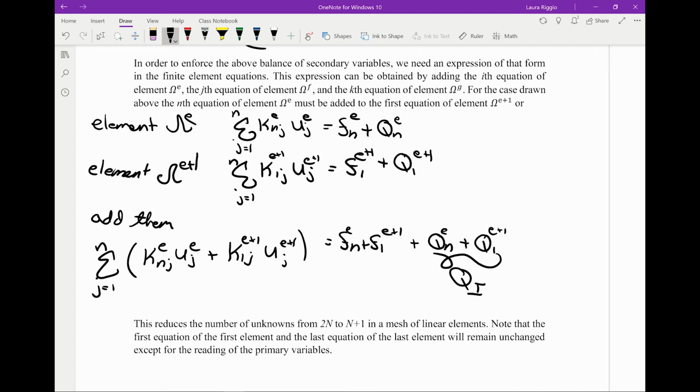We're going to also note that the first equation for the first element and the last equation of the last element remain unchanged, except for renaming of our variables.